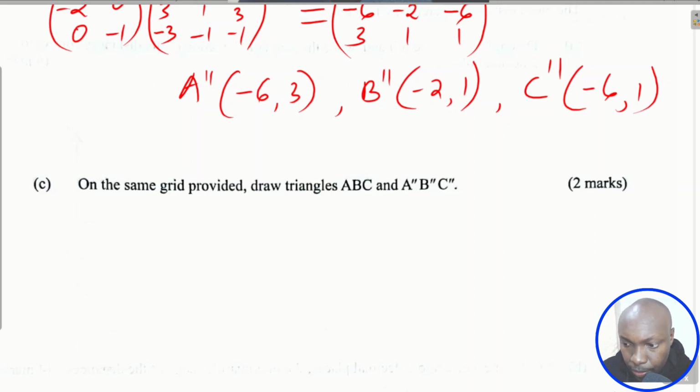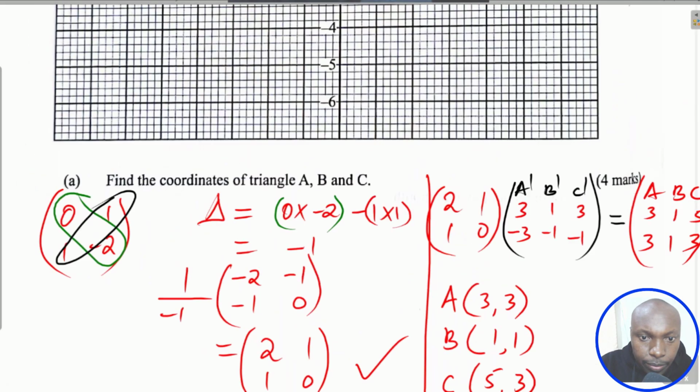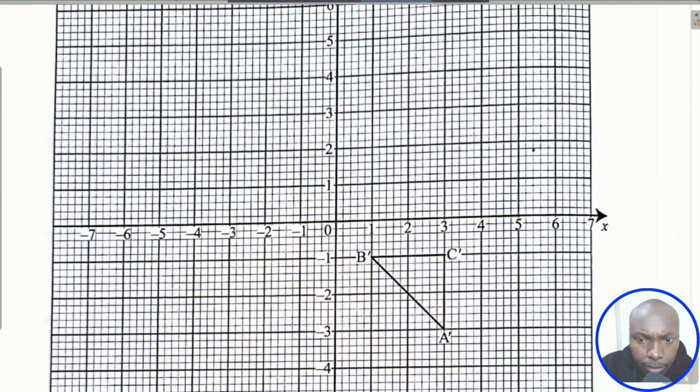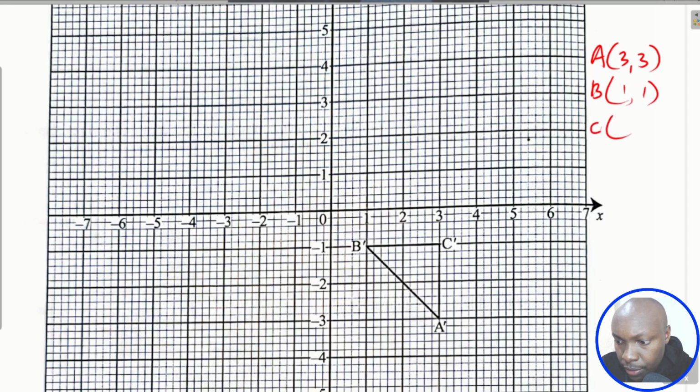And for ABC we got 3, 3, 1, 1, 5, 3, so it's okay. Now I can plot them. Let's begin with ABC: A is 3, 3, then B is 1, 1, then C is 5, 3.